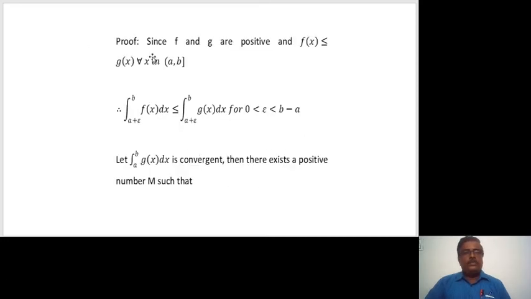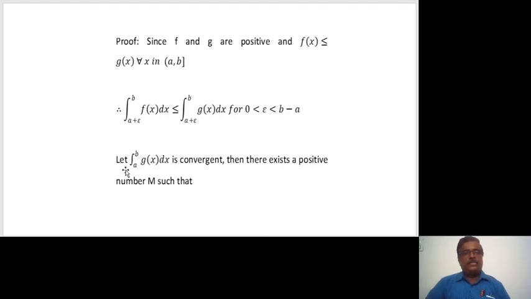Now since f and g are positive and f of x is less than or equal to g of x for all x in the semi-open interval, integrating this inequality means the integral from a plus epsilon to b of f of x dx is also less than or equal to the integral from a plus epsilon to b of g of x dx for 0 less than epsilon less than b minus a.